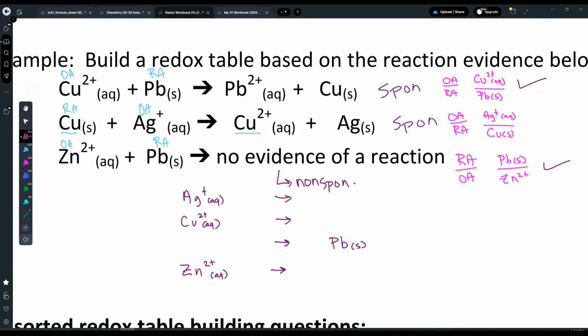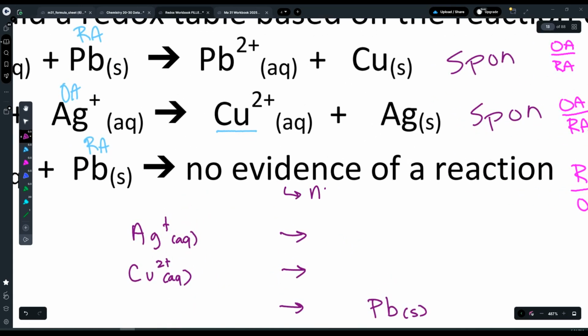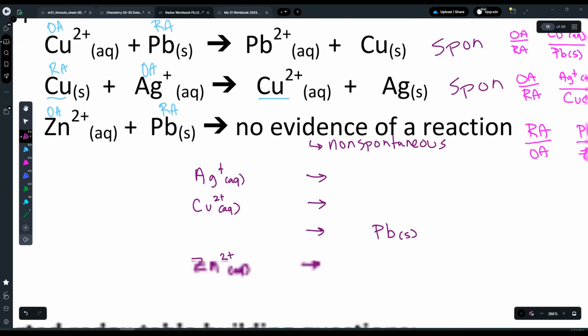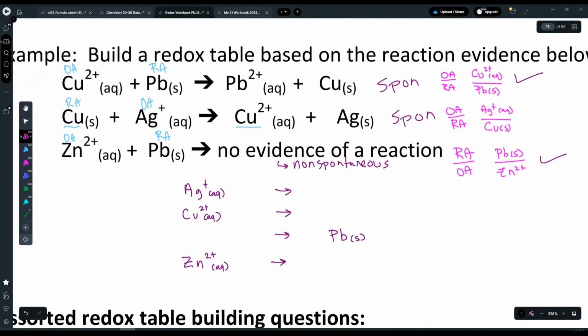And I'm just going to scooch this up a little bit. Okay, so that's taken care of. I'm also noticing copper solid, we said that was an RA, so I'm just going to throw that in here.